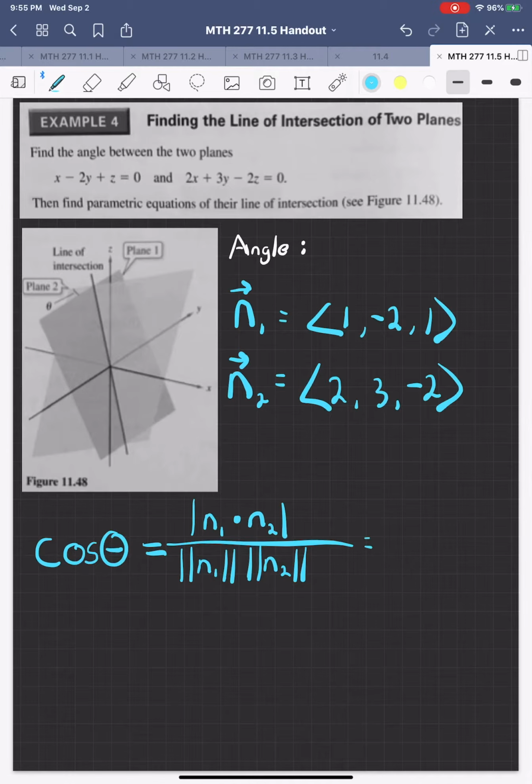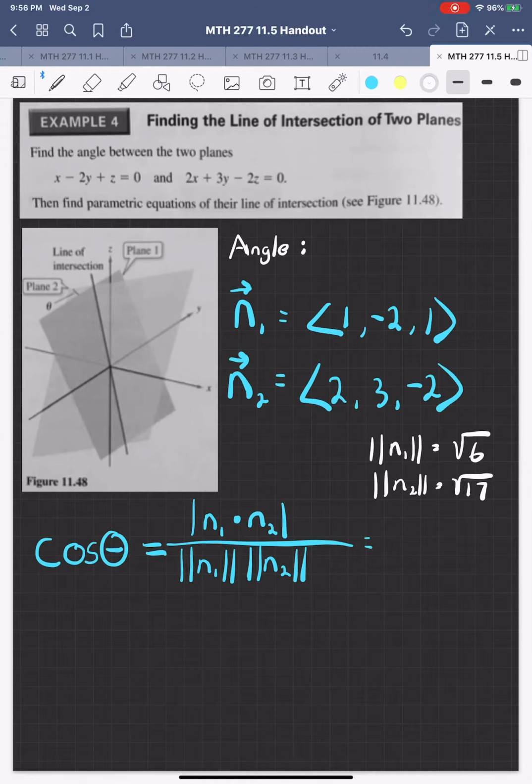I'm going to do this quickly. The magnitude of n sub 1 is the square root of 6. The magnitude of n sub 2 is the square root of 17.